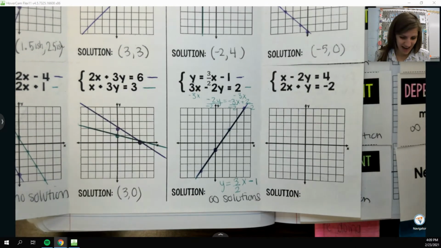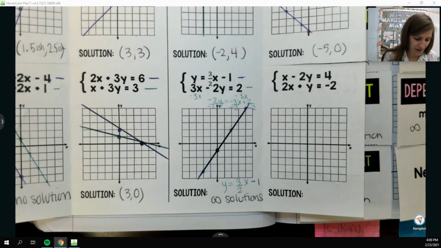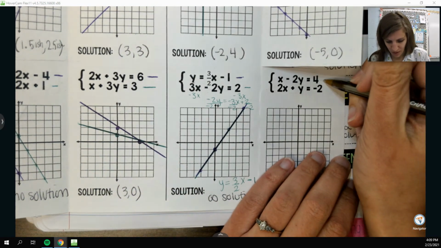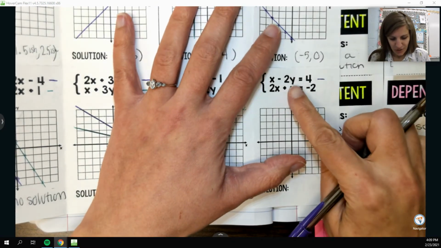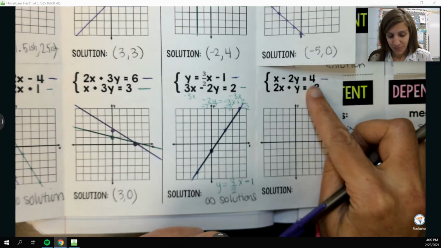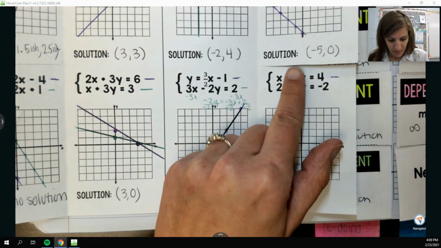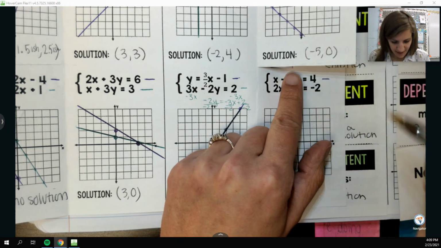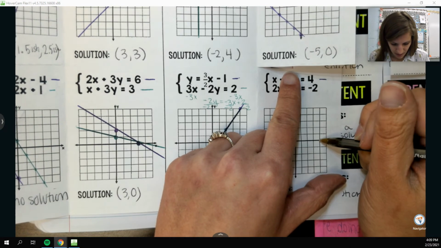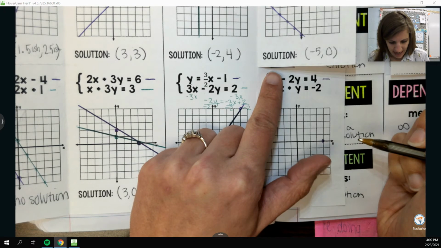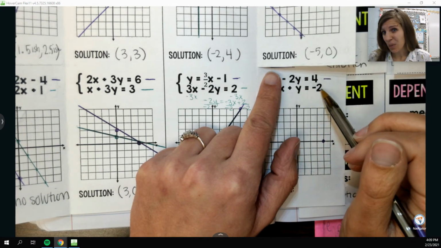Alrighty, last one. Save the best for last, I guess. I don't know if anything cool happens. It's probably just normal. I'm going to try to keep this one in standard form. The only reason I didn't over here is because it was not a nice number, but if I cover up the y, I can see that x is 4. And if I cover up the x, I can solve for y, and that'll work out pretty nicely.